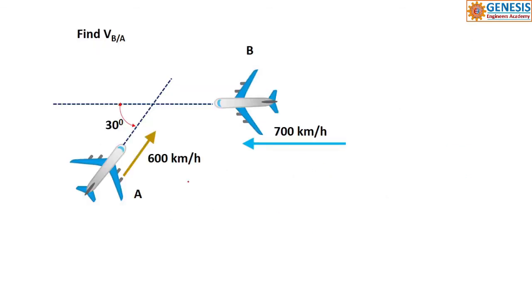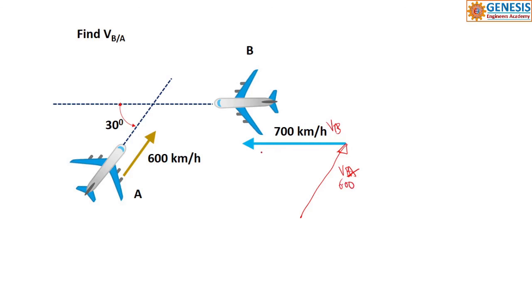Next, in this case, I have not written anything, but he wants to know VBA. So you can also do this one. This is VB and this is VA, and you draw like this. This is VA, and he wants to have this. Sorry, I'll draw neatly. This is VA, this is VB, this is 600.